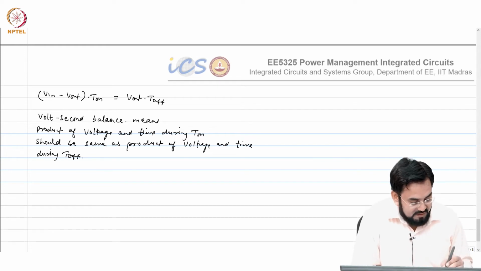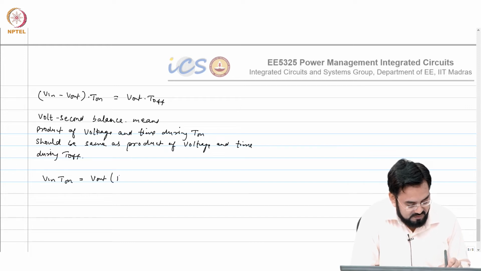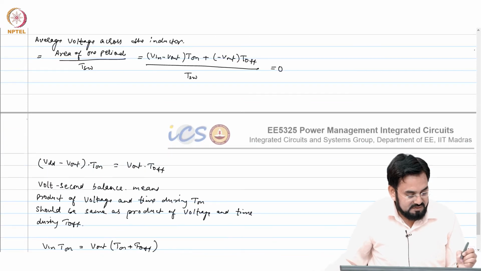So, from here let us see. So, you have V in T on equal to V out times T on plus T off. We defined it as VDD, so let us call it VDD.